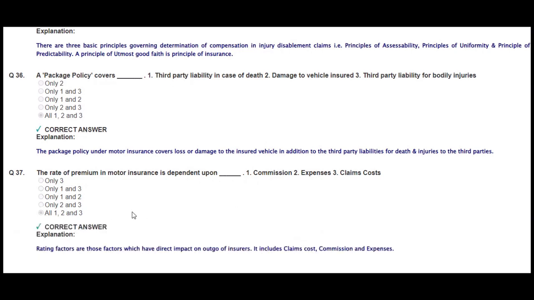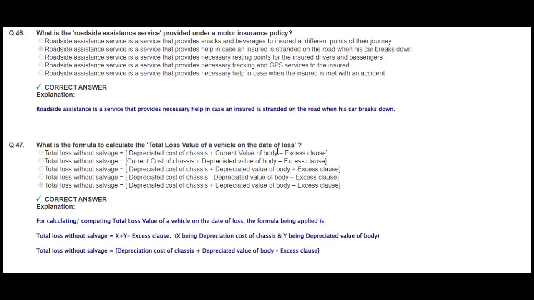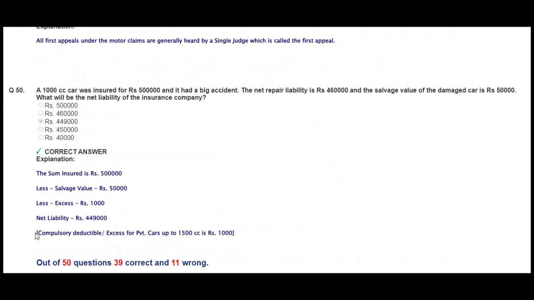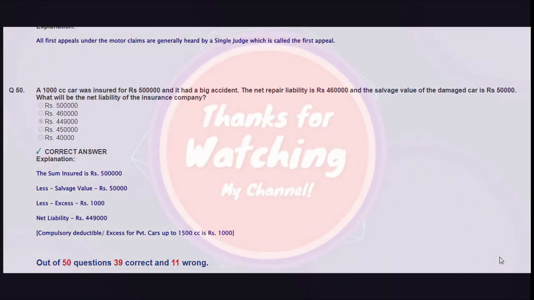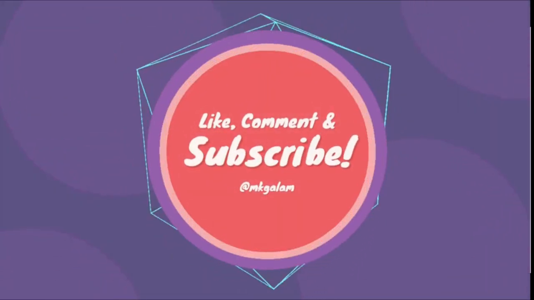The right answer is so. The three are right answers. My Jatakam will be completing. On my second attempt, out of 50 questions, 39 are right and 11 are wrong. Thanks for watching my video.